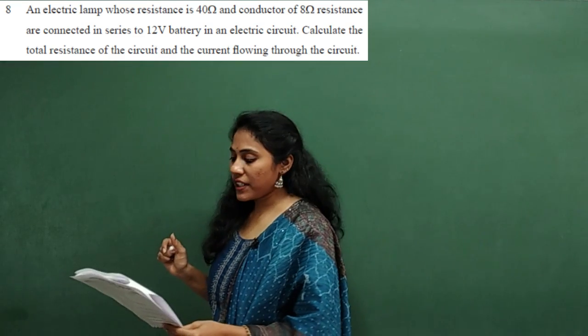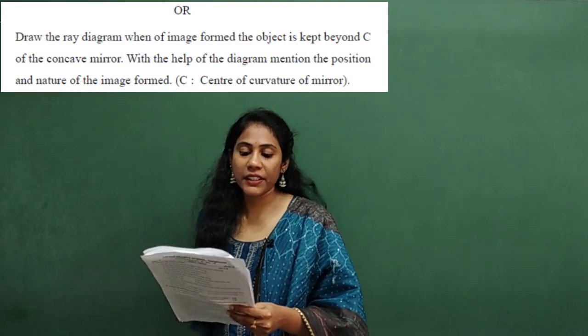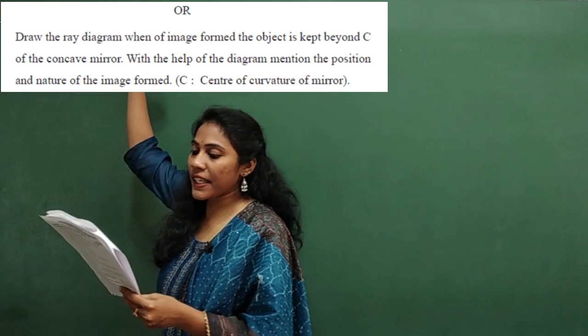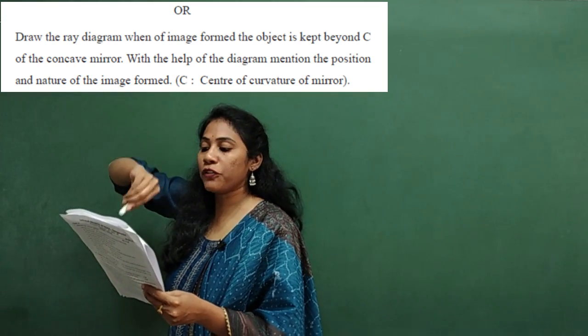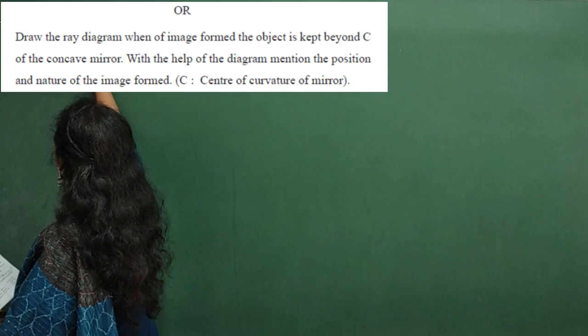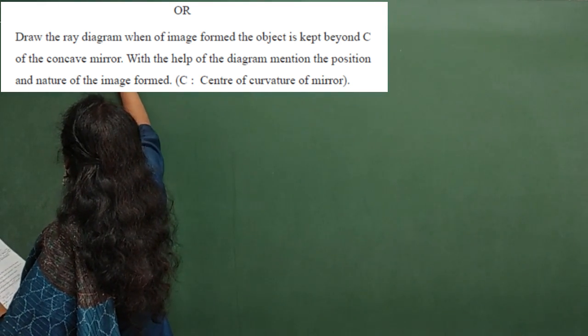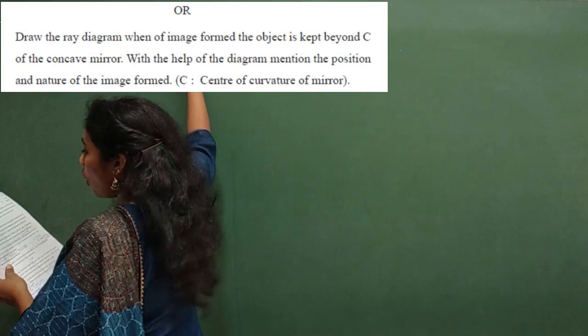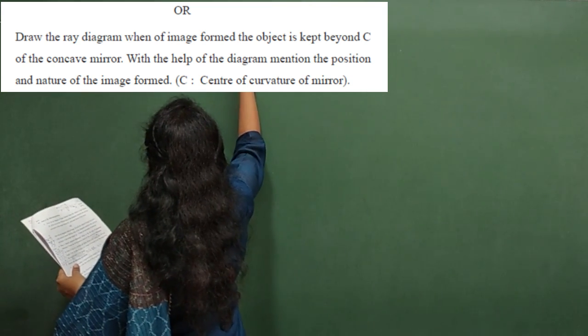See the 9th question here. Draw the ray diagram of the image formed when the object is kept beyond 2F1 of a convex lens.